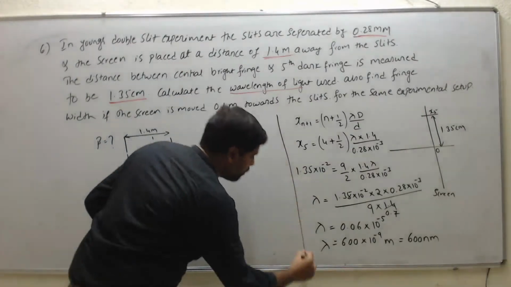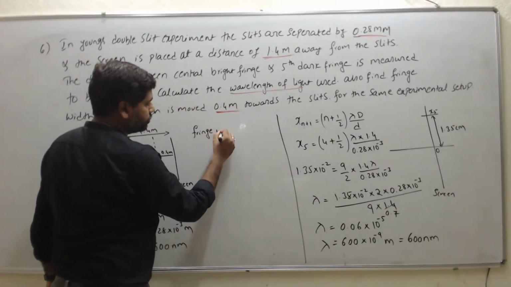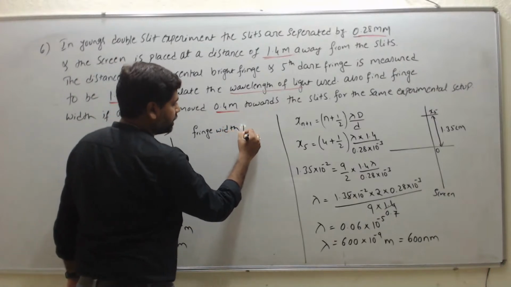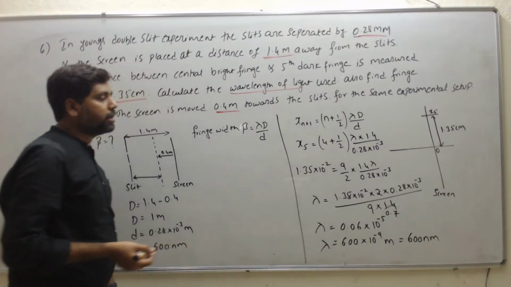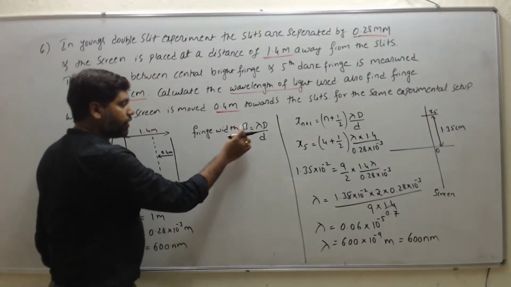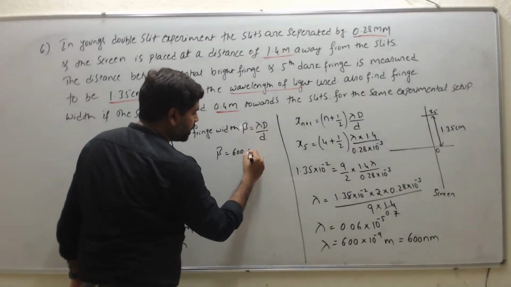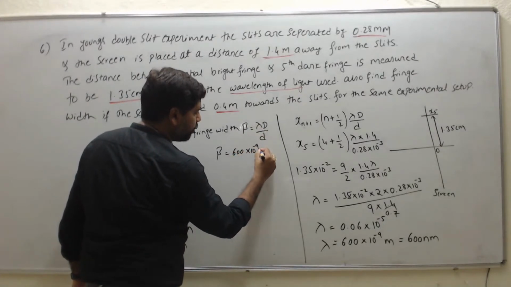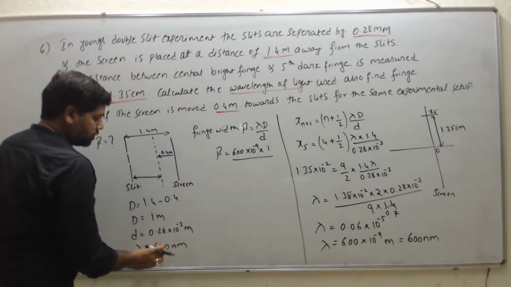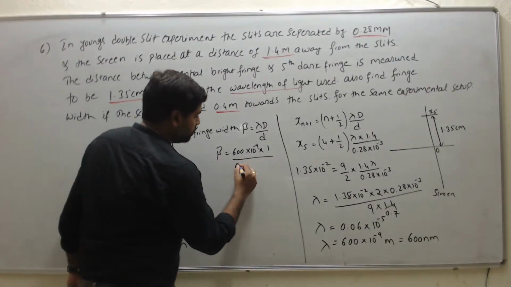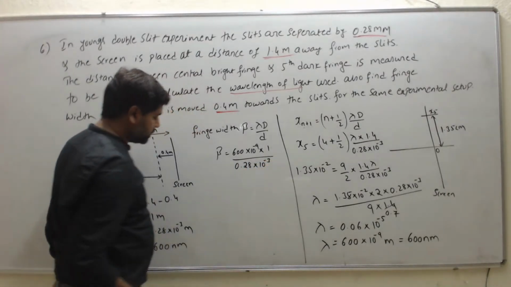So we have the formula for the fringe width. That is beta is equals to lambda D divided by d. So we need to find the beta. Then beta is equals to lambda, 600 nanometer, into 10 to the power of minus 9. The distance D is 1 and the small d is 0.28 into 10 to the power of minus 3 meter.